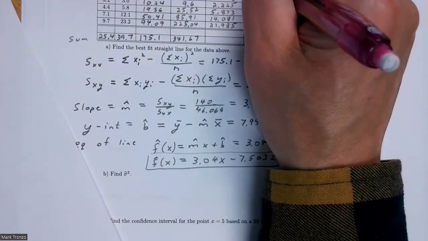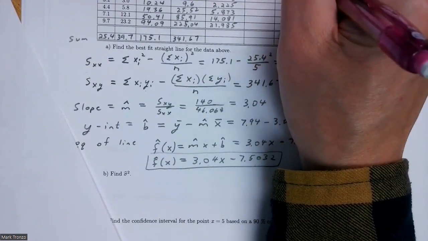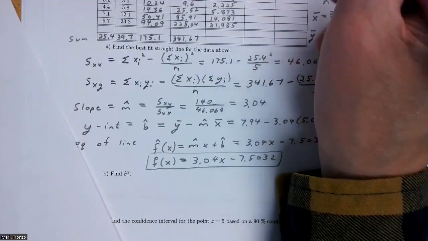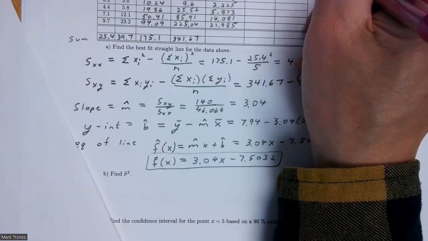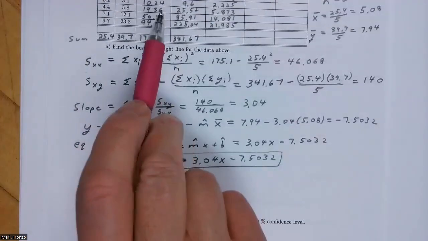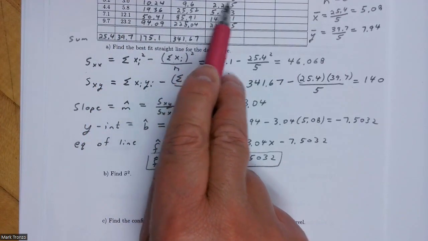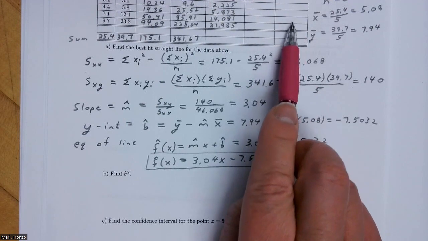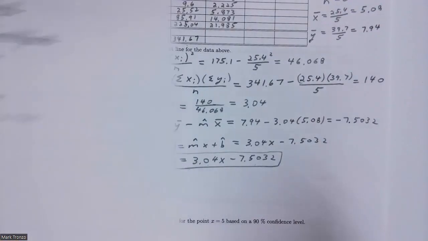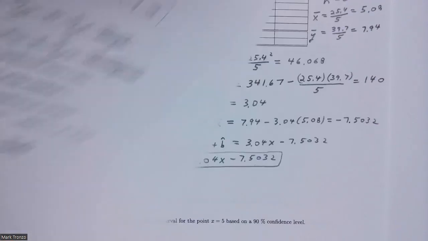Each ei will be your yi minus your f hat xi. So it's really just this column minus this column. Those are going to be your epsilon values here, your errors. And then you'll square those and sum those up. And you'll use all of that to find your variance using this equation here.